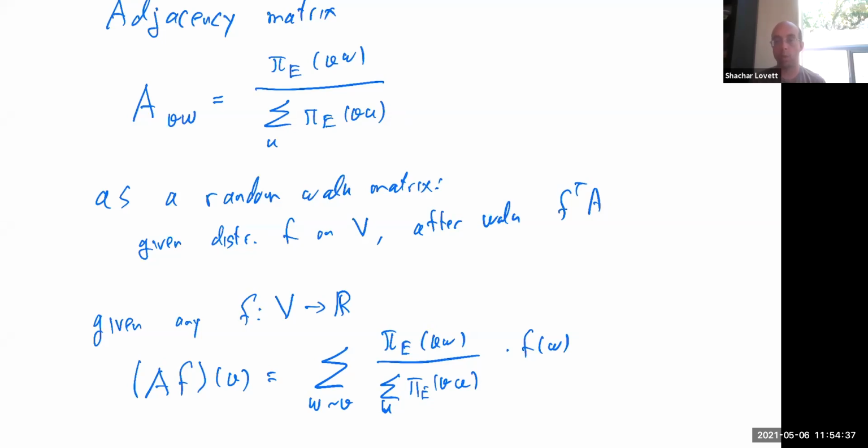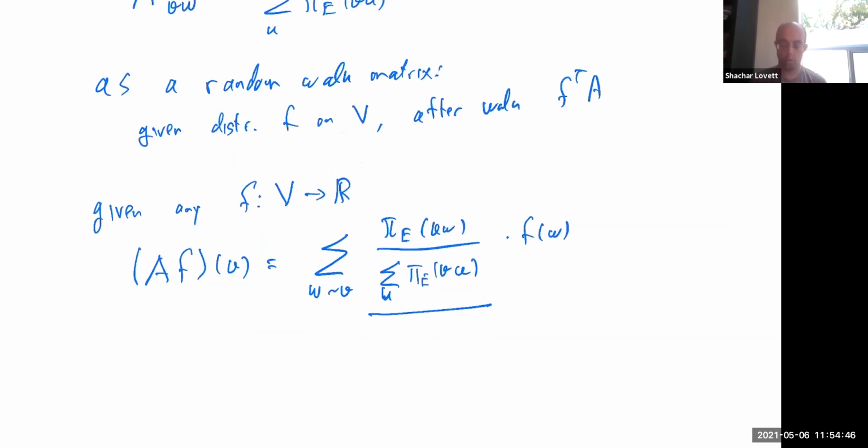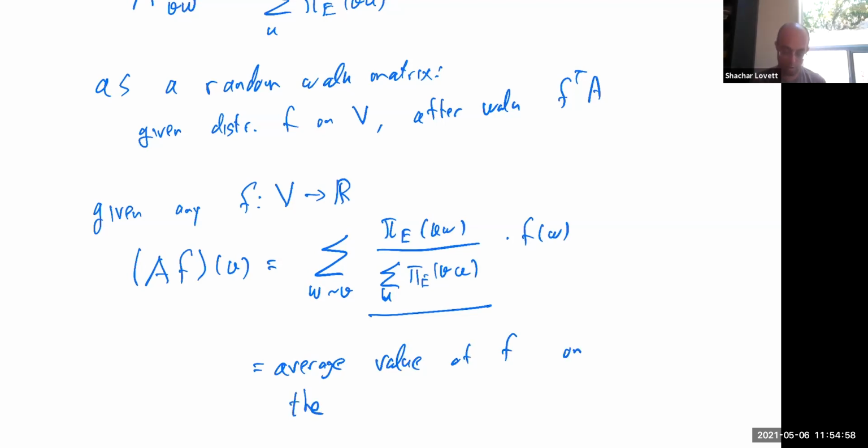Formally, we choose a neighbor W with this probability, and then we multiply by F of W. So this is going to be the average value of F on the neighbors of V. And again, the average is with respect to the distribution induced by the weights, so it's not with the uniform distribution.